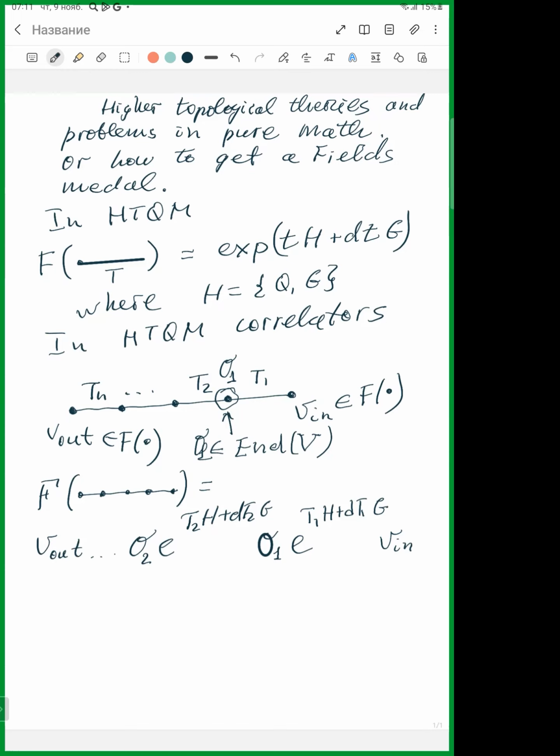So what can I say about this? It is a differential form on configuration space. And configuration space is a space of positions of points.